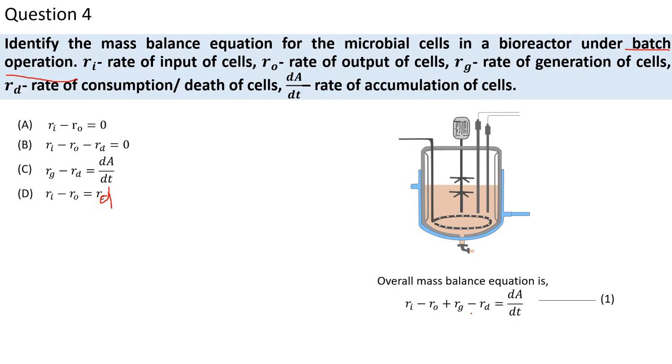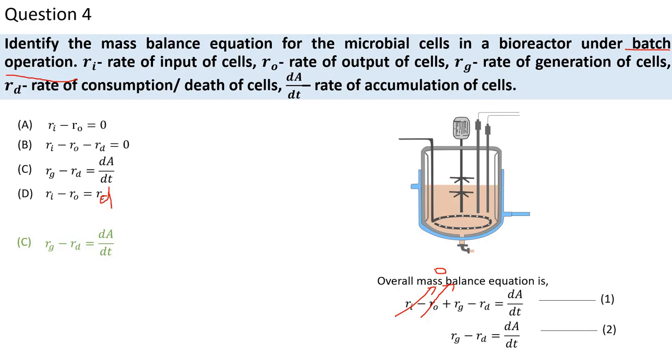As we have already said, in batch process there won't be any input of cells and there won't be any output of cells either. So your input of cells as well as your outlet of cells will be zero in case of batch operation. So what it becomes is Rg minus Rd is equal to accumulation. This is the answer for your question 4.